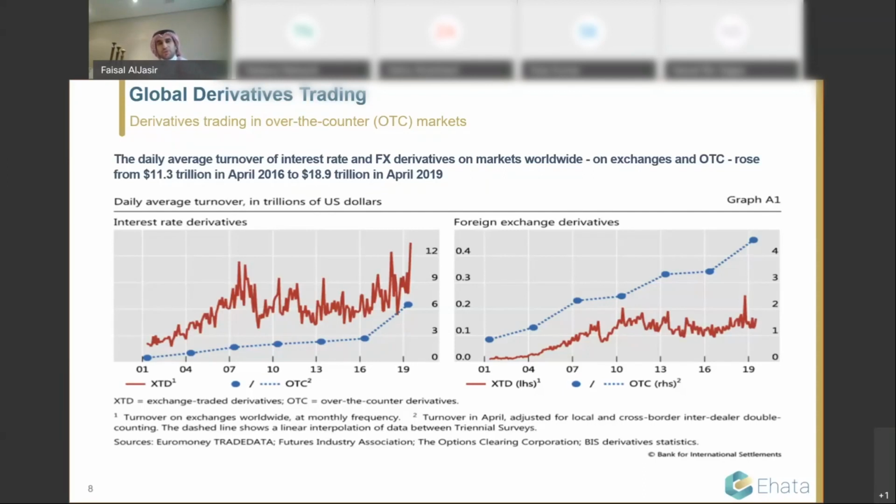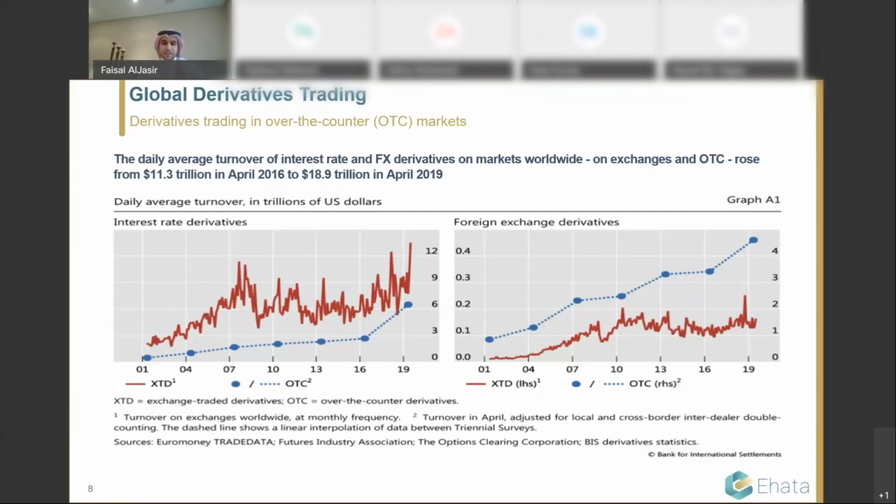So derivatives you can look at in two ways. You can look at the derivative as a gross notional, or you can look at them as the market value of them, and it differs very much. A market value will be a fraction of these big significant numbers, but it can give you a sense. When it comes to currency and interest rate, the numbers are mixed.